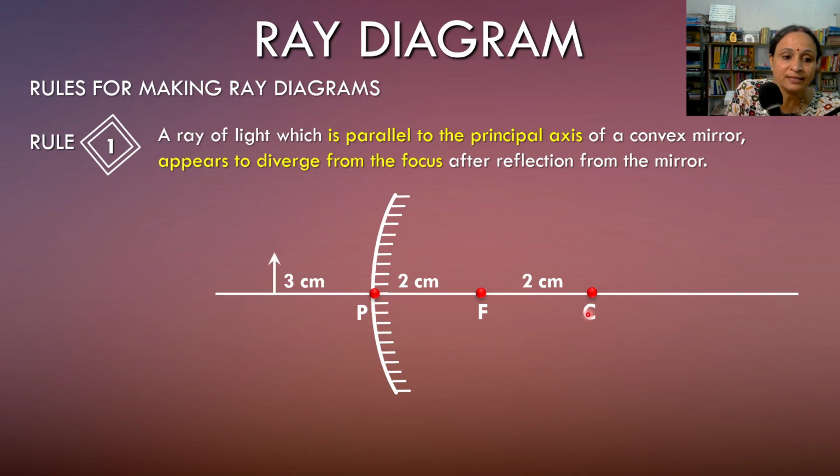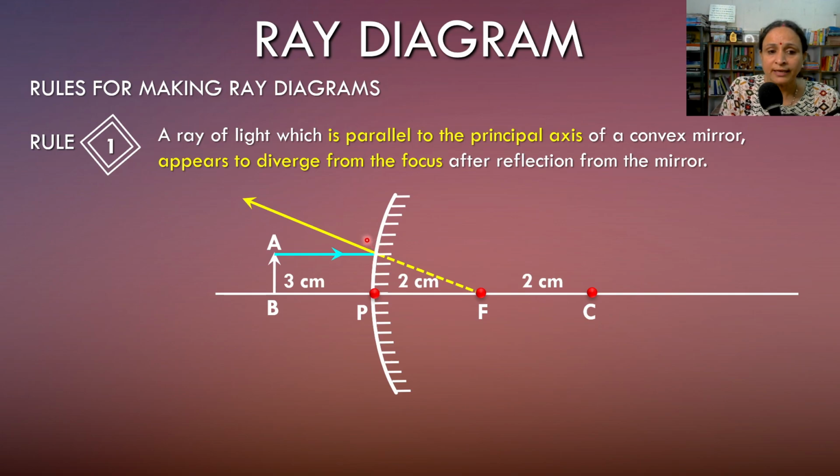Now, I'm going to place an object in front of it and consider only one ray which is parallel to the principal axis. Now this ray should be reflected from the mirror. So how does it happen? It appears as if the reflected ray is coming out of the focus. Actually, the mirror is polished, so it cannot go inside the mirror. It appears to get reflected from the focus. So it appears to diverge.